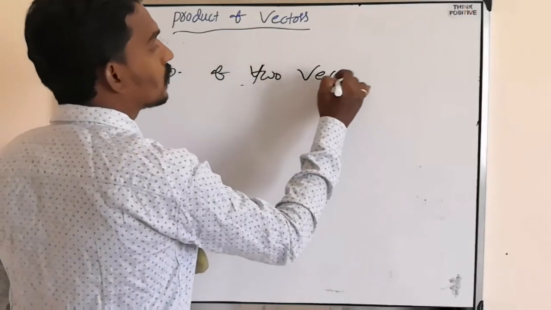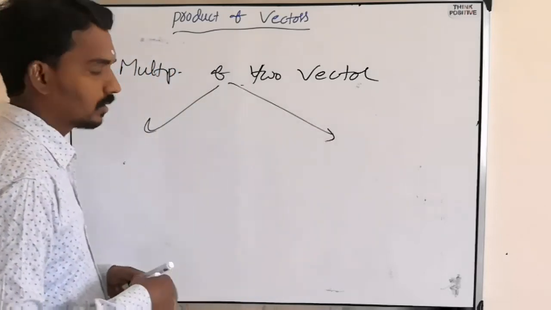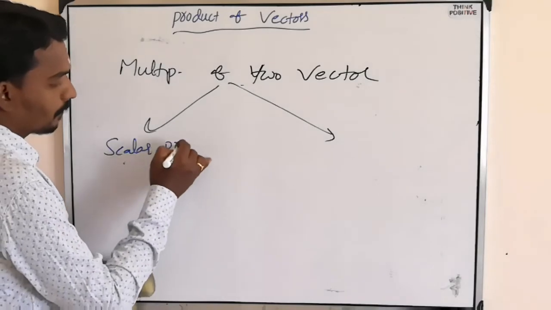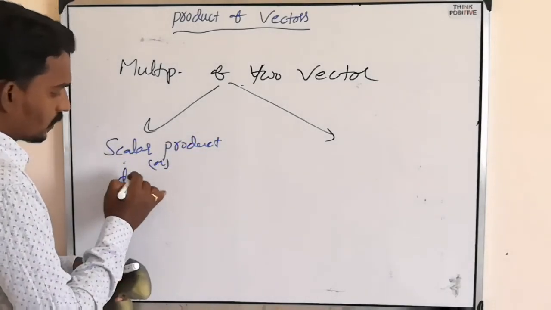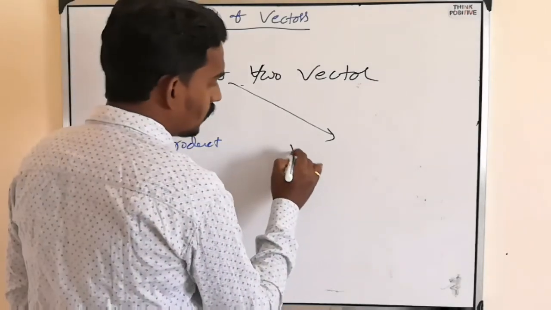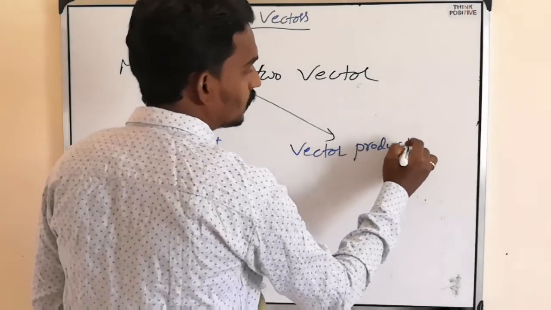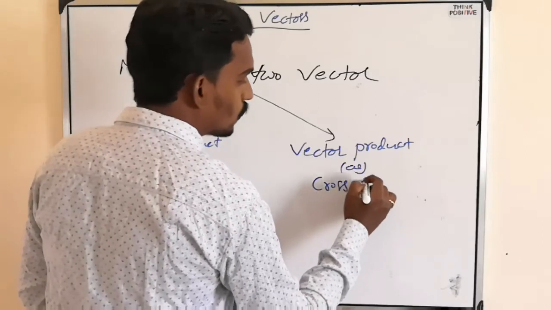But that is a least bothered case, because actually we mainly bother about multiplication of two vectors. And here come two different methods. One is the scalar product, or you can also call it the dot product. Another one is the vector product, and you can also call it the cross product.